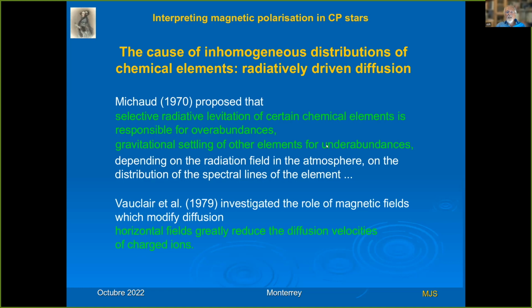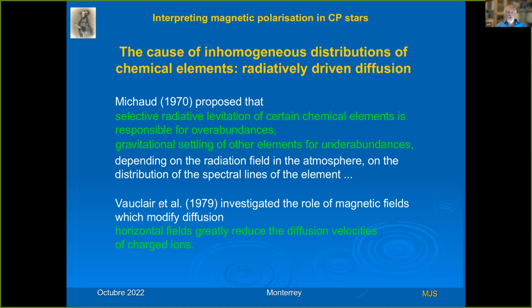They create underabundances. And of course, all of this depends on the radiation field, where the maximum of the radiation is in the spectrum, on the distribution of the spectral lines, whether they are more to the ultraviolet in hot stars or whether they are more to the red. So for every element, it's different.